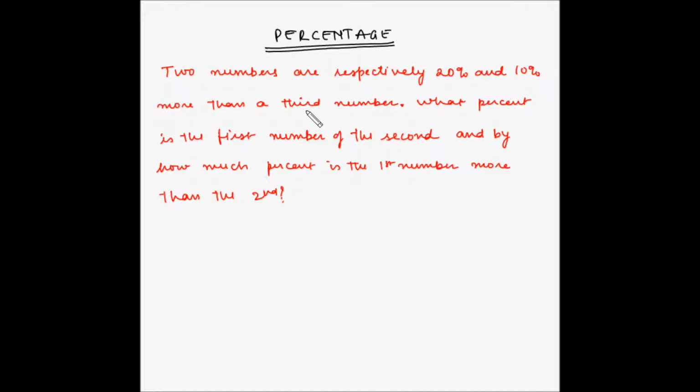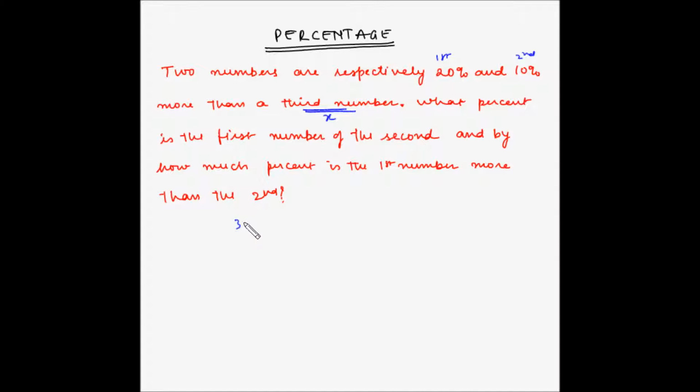So here let's say that the third number is x and the first number is 20% more than x, while the second number is 10% more than x. So now we have to find out the relationship between the first and the second number. So what percent is the first number of the second number?